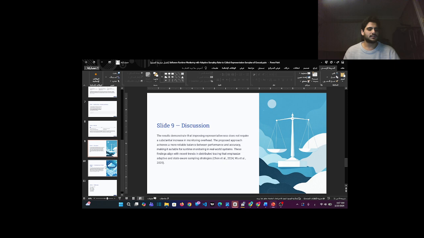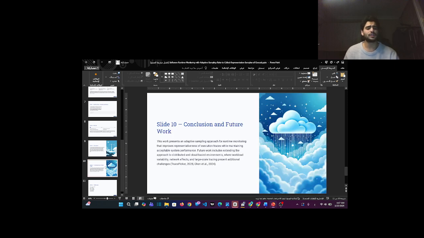And for slide 10, conclusion and future work. So, in conclusion, this work presents an adaptive sampling approach for runtime monitoring that improves the representativeness of execution traces while maintaining acceptable system performance. By explicitly evaluating sample quality during runtime, the approach addresses a key limitation of existing monitoring strategies.